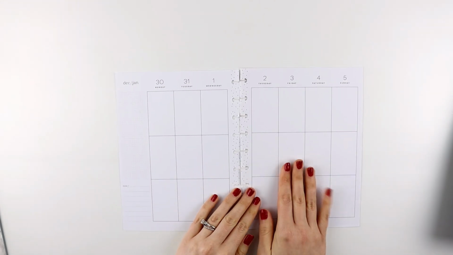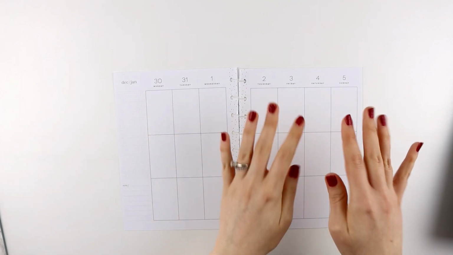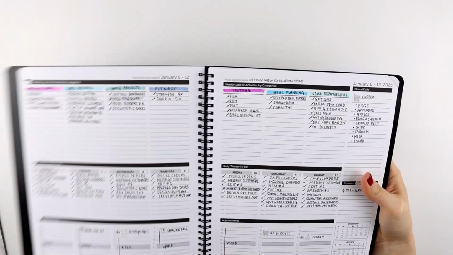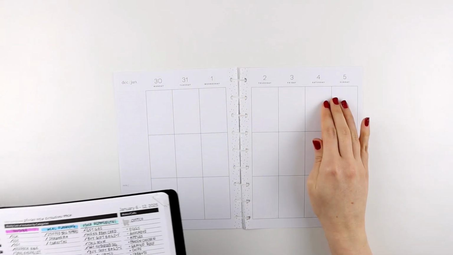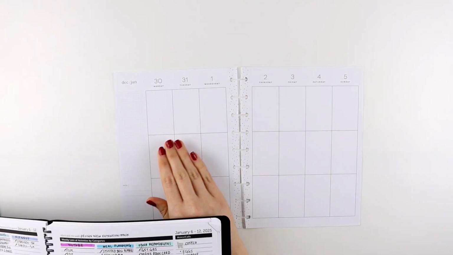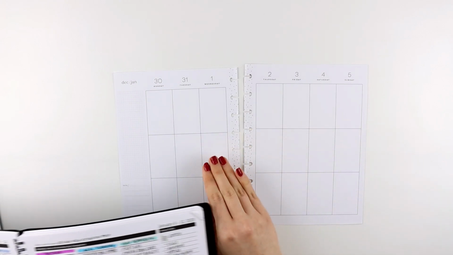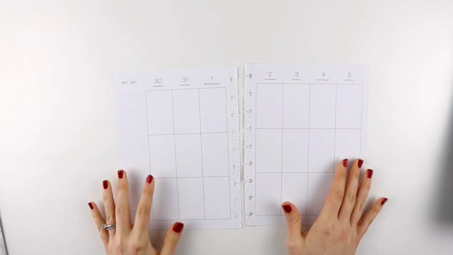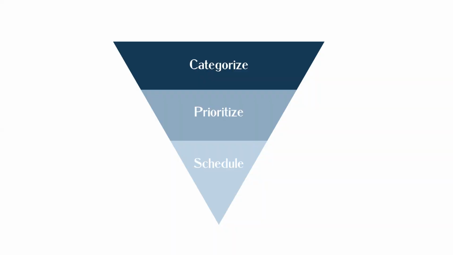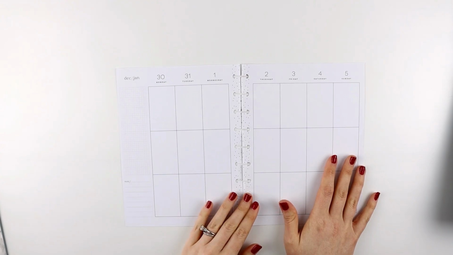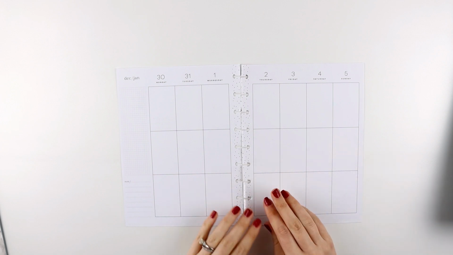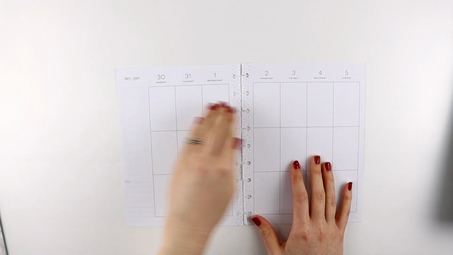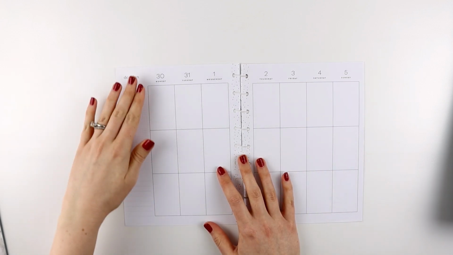So one idea would be to keep a very similar layout where you have your categorized section at the top, you have your prioritized section beneath that, and then you have the scheduled section beneath that. But something that I felt could be changed is that we could make more space for our scheduled section if we move the categorized section to our sidebar.